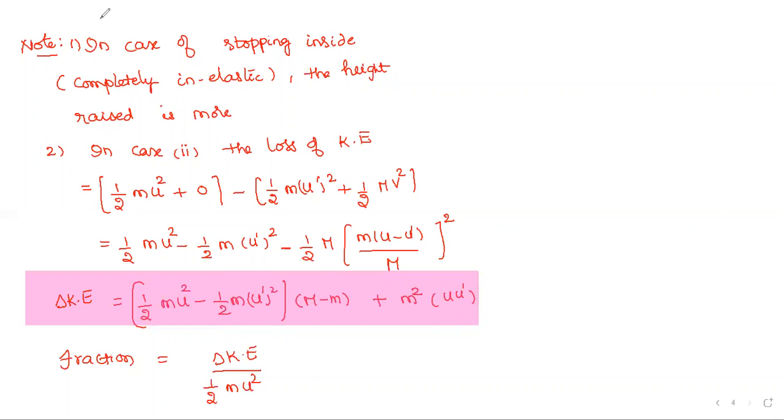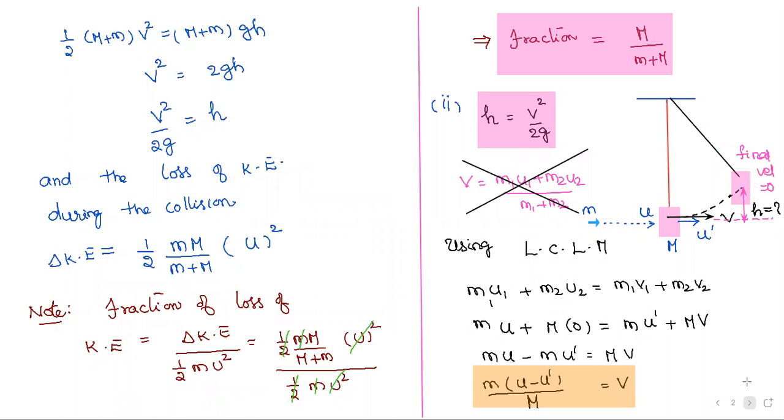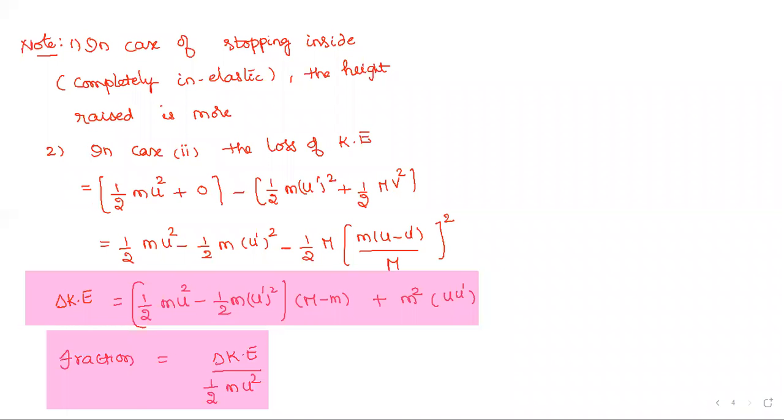This is the fraction of kinetic energy in this case. We are not getting comfortable equations like in the previous one. Suppose they ask both, what is the fraction and what is the loss of kinetic energy, I think you understood what I said.